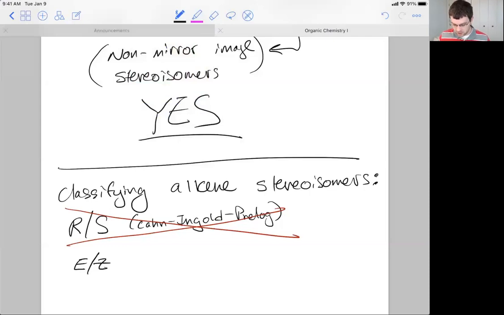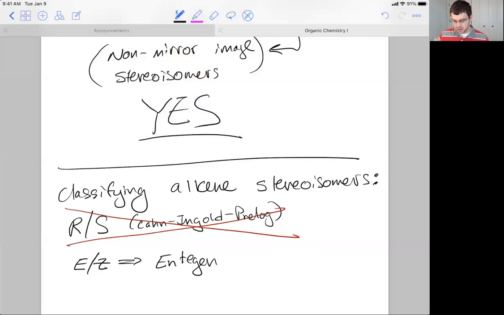So, oh boy, let me make sure I get this spelling correct. I'm going to get the spelling right, and I'm going to destroy the pronunciation. So if you know German, feel free to laugh hysterically at me.